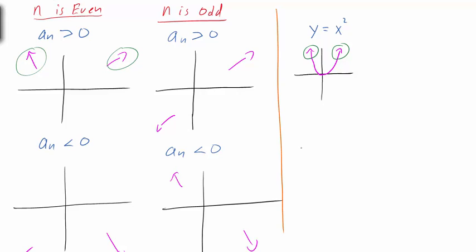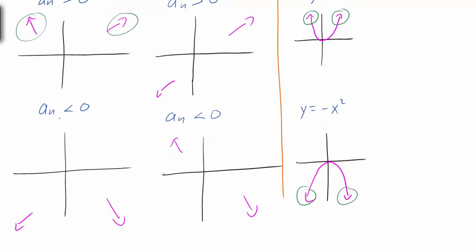And then also, if we were to look at, for example, y equals a negative x squared, well, we know because of the negative sign, it's going to cause our graph to go in the other direction. Well, what's happening? It's pointing down left and down to the right. And that's what's telling us over here, it's going down left and down right.